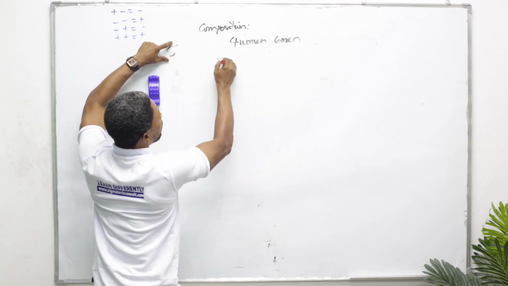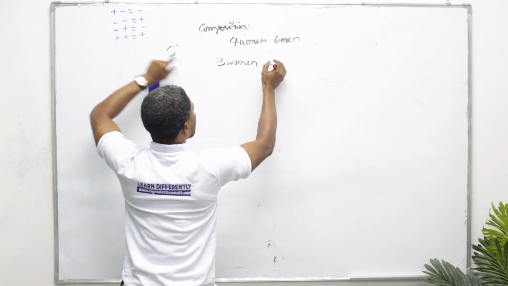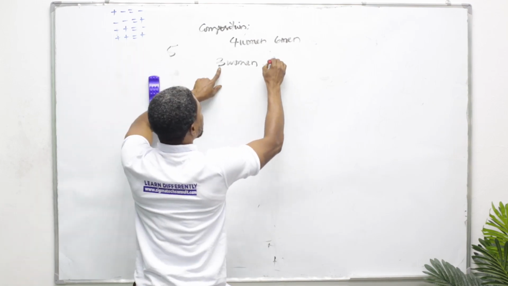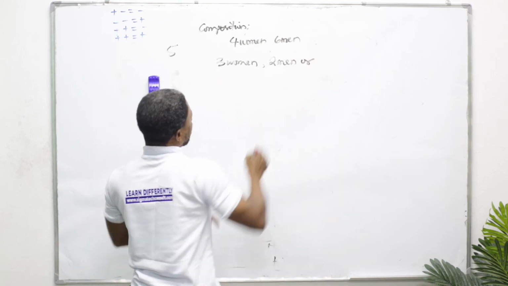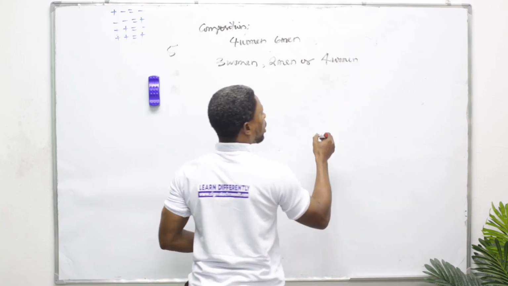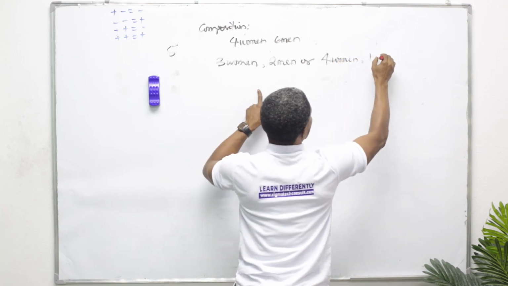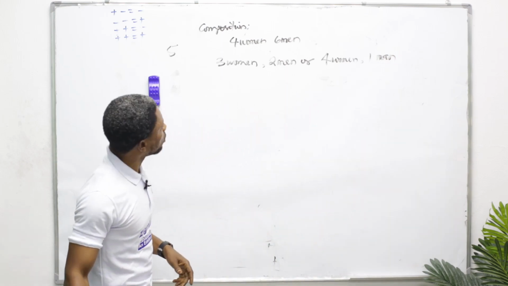So I'm going to have 3 women, and then the next one will be what? 2 men. Or I have 4 women and then a man. That's how this committee is going to form.